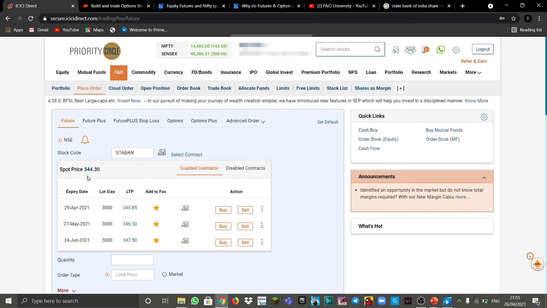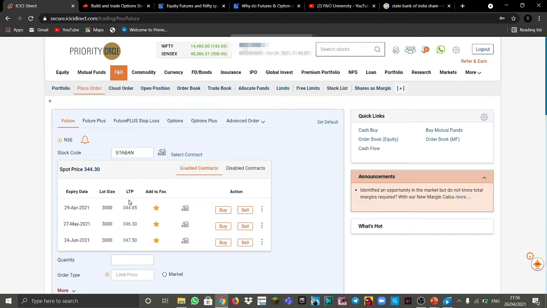You need to do lots of other analysis. You need to look at the chart, contract, open interest. You need to do lots of things before you decide whether you want to buy or sell. But looking at the future contract, the future price is trading at a premium, which means that possibly State Bank of India shares will go up in future.